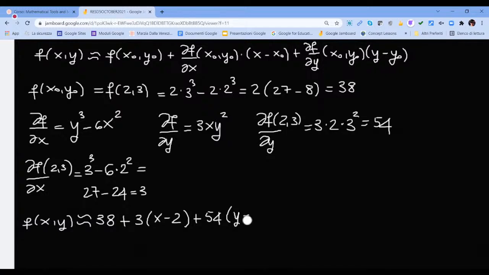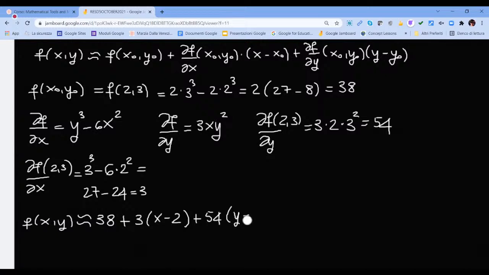Okay, if we solve, we can compute: it is 38 plus 3x minus 6 plus 54y minus 162.